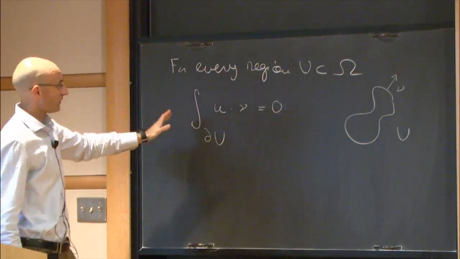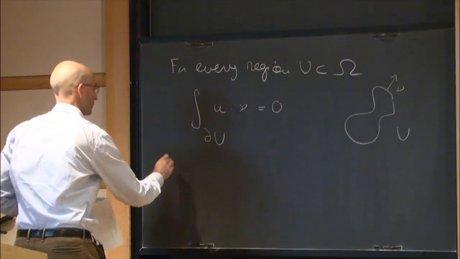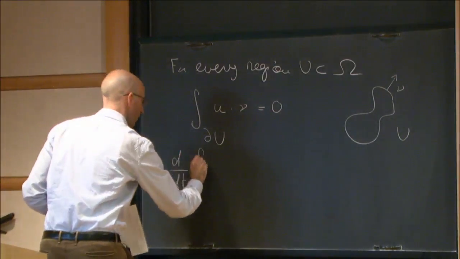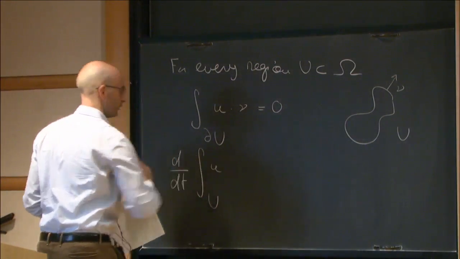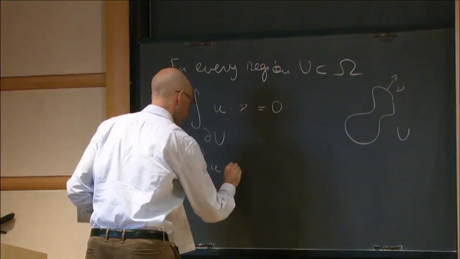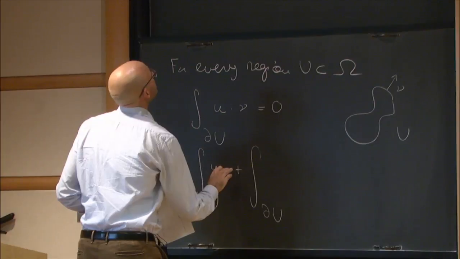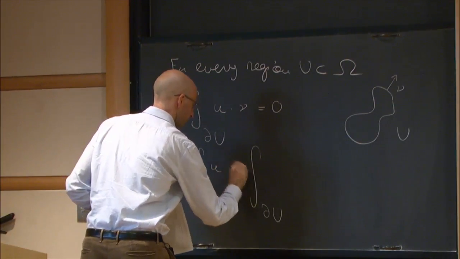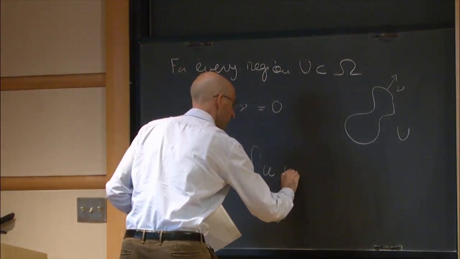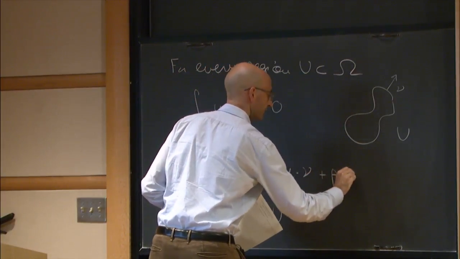And if you're wondering what happens to the amount of fluid which is sitting in this region U, you can derive from the first equation that the time derivative of the integral over U of your velocity u, so this would be the momentum, is equal, so I guess I have to change the sign, to the integral over the boundary of U of u times u dot nu, and then there is p times nu.